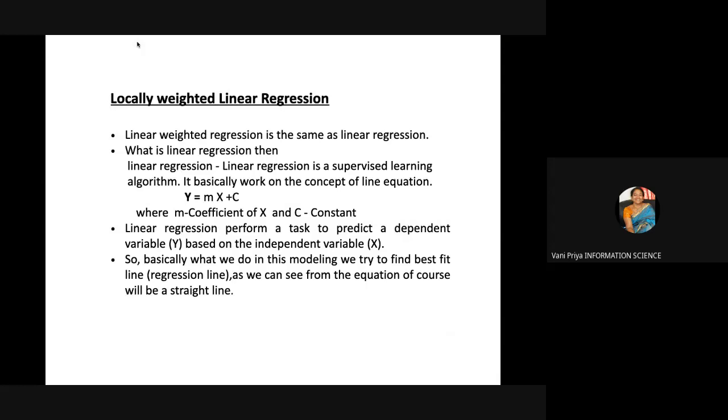And why regression? Because this is the term widely used in the statistical learning community for the problem of approximating real-valued functions. Whenever a real-valued function is involved, we go for regression, as you all know.